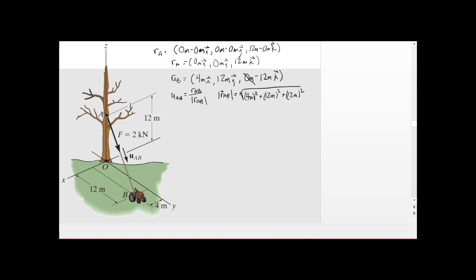So this will equal 17.4. So the magnitude of RAB is equal to 17.4 meters.